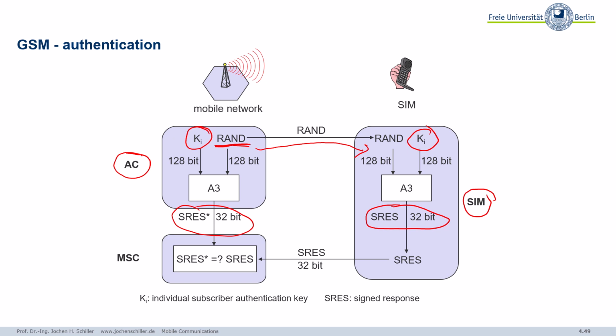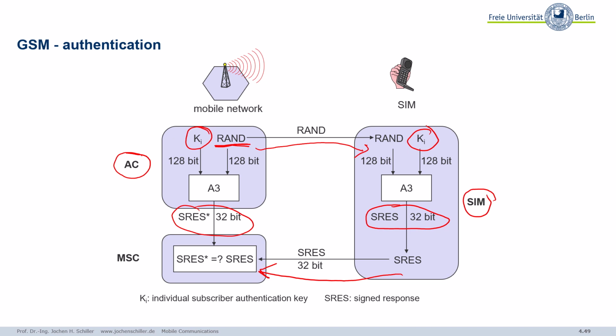So this is our challenge, the random number. We calculate the signed response, and that's our response, and we send back the response over the air. Everyone can read this, and the MSC will then compare the signed response created by the authentication center and the signed response created by the SIM.